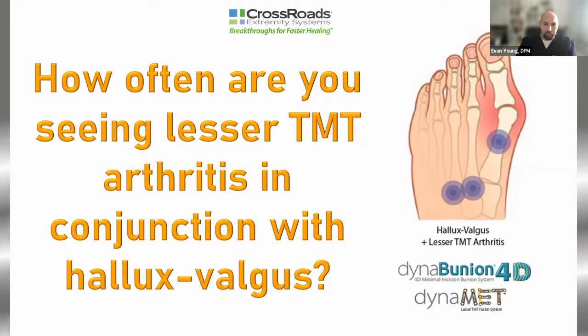I think if you have hypermobility in the medial column, you get elevatus of the first met, and you get jamming at the first MTP. And next thing you know, you've got this weight transfer over to 2 and 3 that really contributes a lot to the arthritis of the lesser TMT joints. So when I see it, I feel like it's commonly associated with the hypermobility of the first ray.